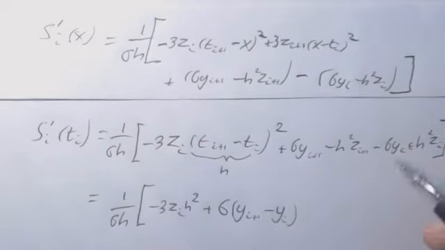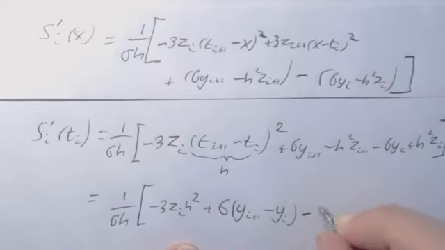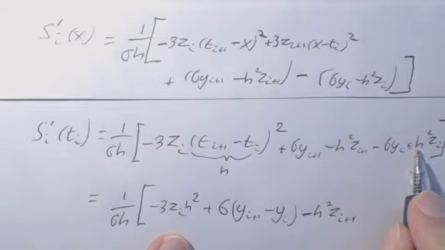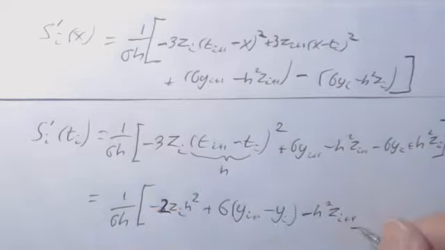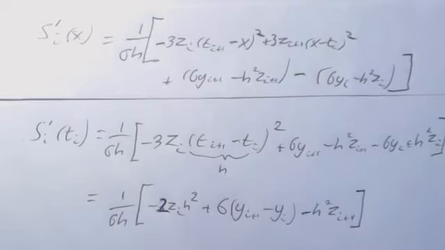That caused me to waste a lot of time. And minus h squared zi plus 1 plus h squared zi. So rather than add that on again, I'm just going to change this minus 3 to minus 2. So that's fine, we'll leave it like that.